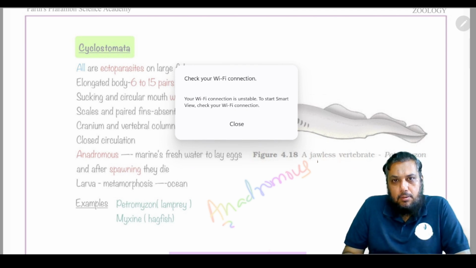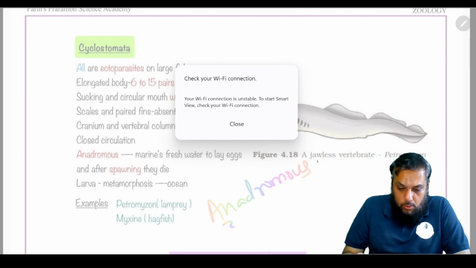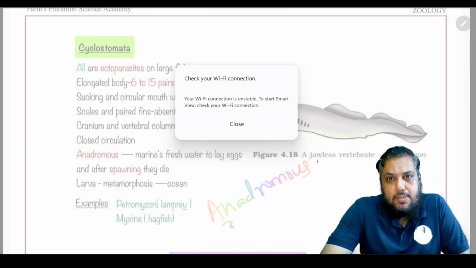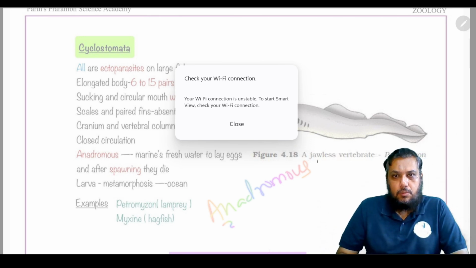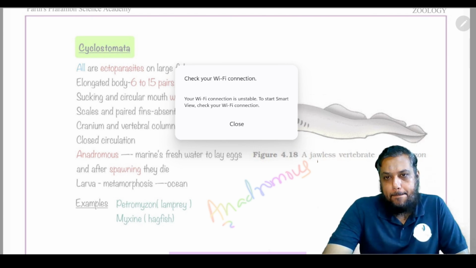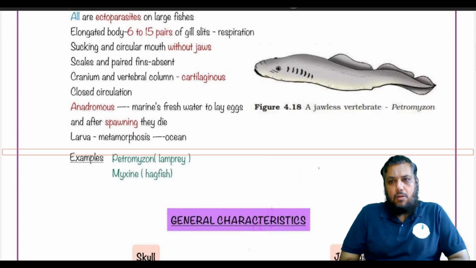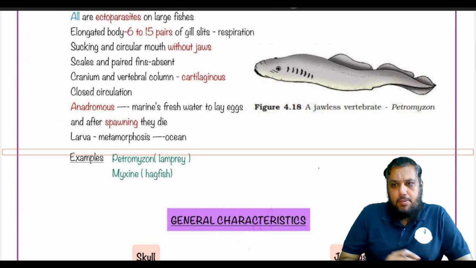Examples include Petromyzon, that is lamprey, and Myxine, that is hagfish. So the examples of Cyclostomata include Petromyzon, that is lamprey, and Myxine, that is hagfish.